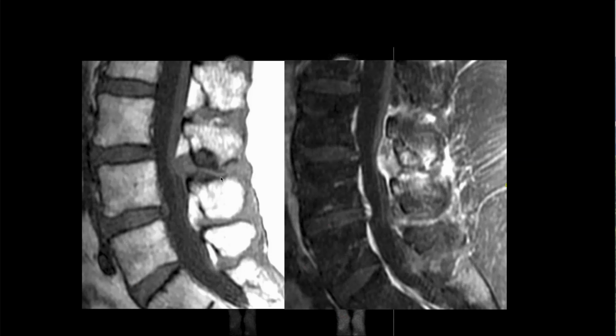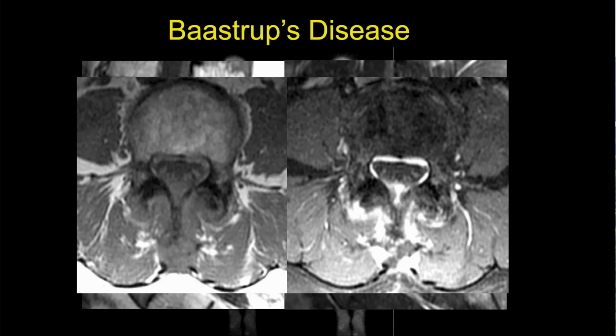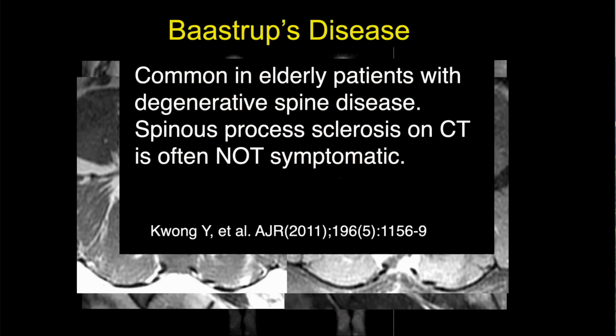It's really coming from the posterior elements. You can see all the edema and degenerative disease, eburnation, bony irregularity. And here we can see a lot of edema surrounding the spinous processes, and this is another case of Baastrup's disease.